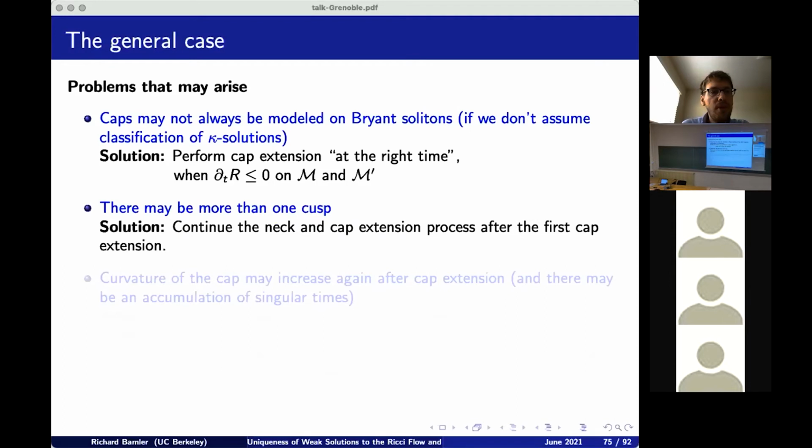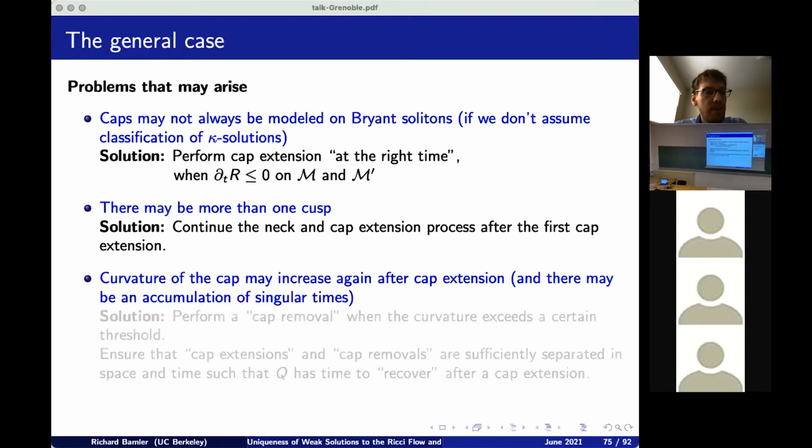As I mentioned before, there may be more than one cusp that resolves, and this may result in having to perform a cap extension at several different times. The solution here is, again, to just continue the neck and cap extension process after the first cap extension. So we really have to maintain the bounds on Q, even though we've already performed a cap extension.